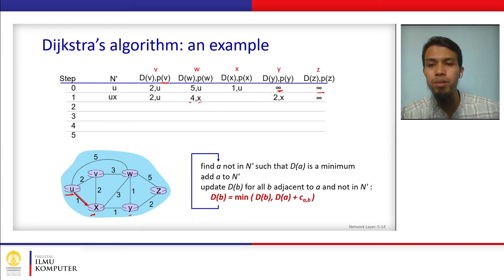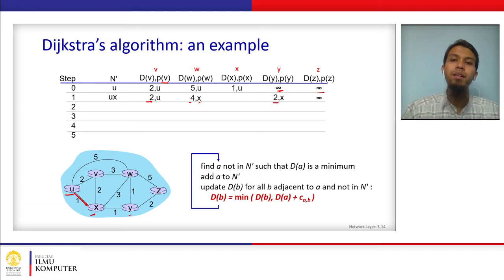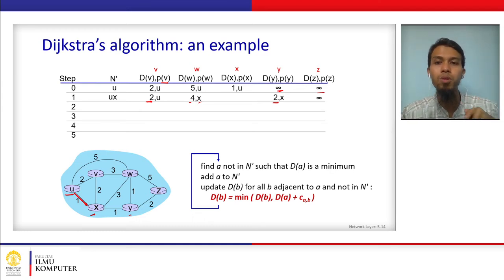In the second iteration, we find that v and y have the same least cost path. So in this case, we can take either v or y, and it's okay. But in this example, we take y first.